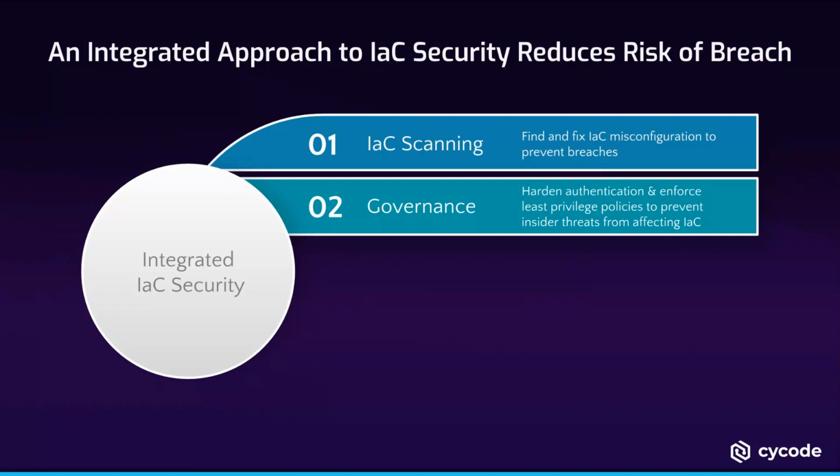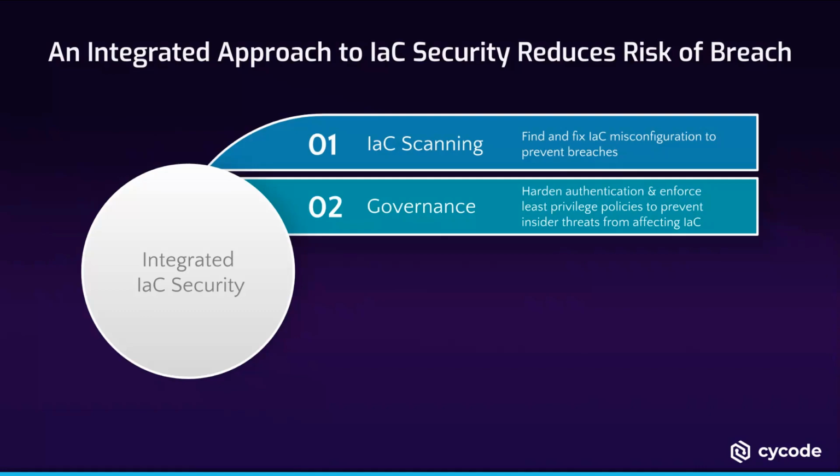Here, the goal is to protect against compromised credentials that might be used to adjust your infrastructure as code. Also, enforcing least privilege policies can help prevent insider threats, and that applies to both malicious insiders as well as compromised insiders. The idea is that if you limit access to IaC code and IaC templates to only those who need it as part of their job, then from the attacker's point of view, they have to compromise the correct set of credentials to gain access to your IaC templates instead of all of them.